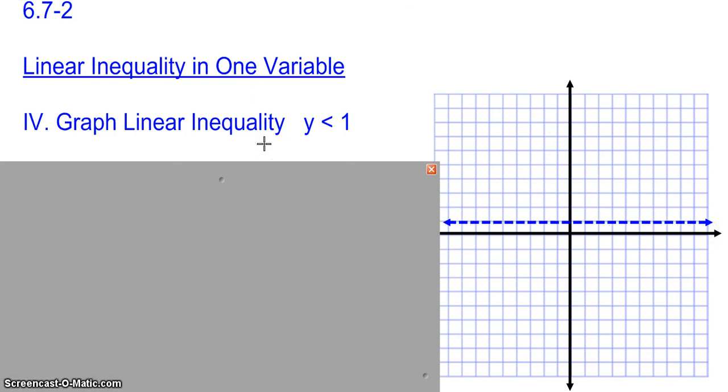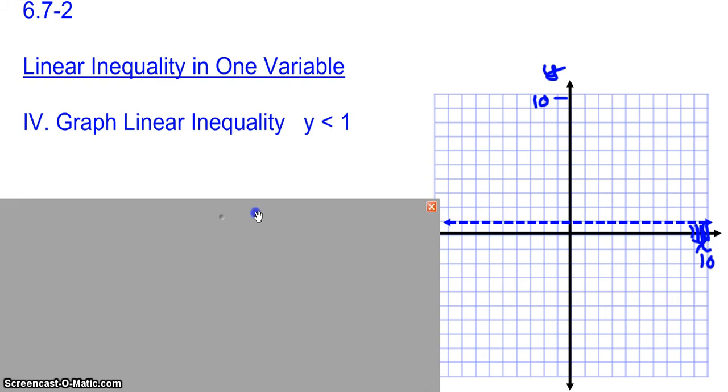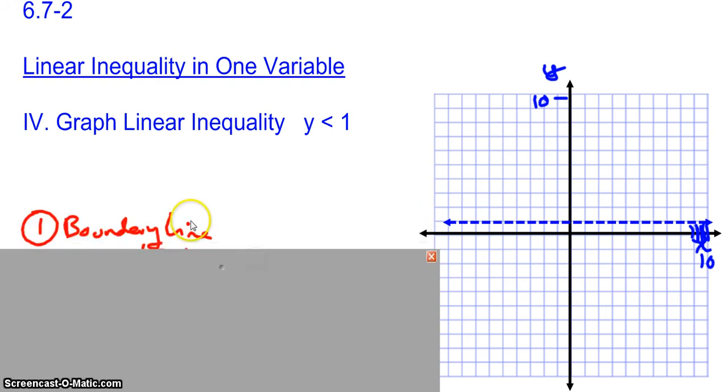And let me make sure this is X and Y, we have 10. Make sure there is 10 at the very end. So Y is 1 there. We have a dashed line because Y is less than 1. And so now we have our boundary. So the first thing we do is our boundary line.